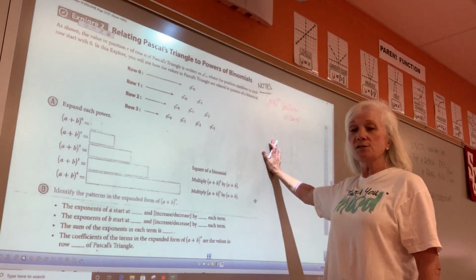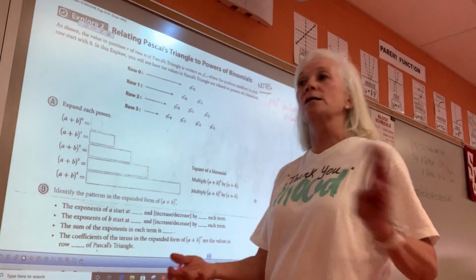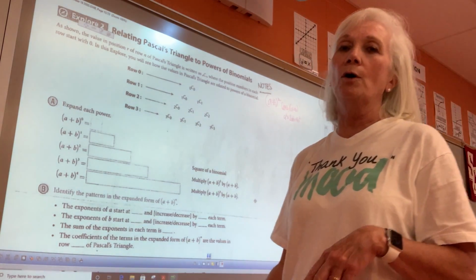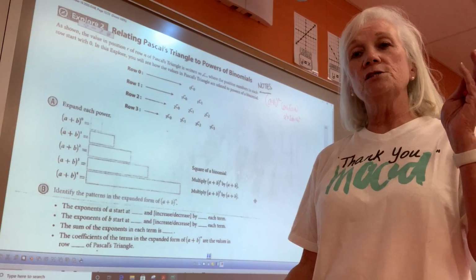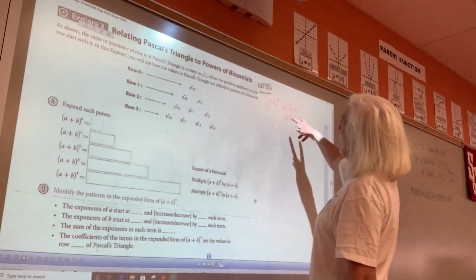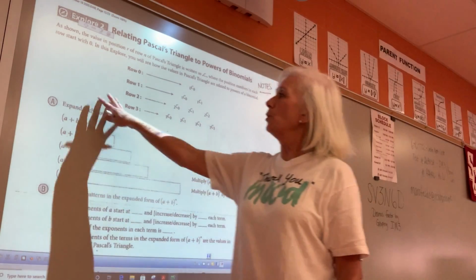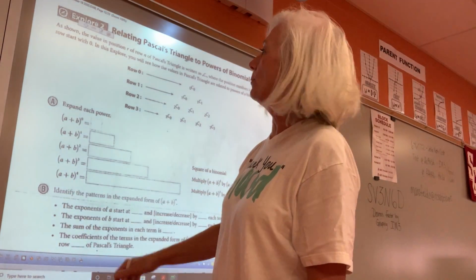We could also do that with a plus b cubed, or x plus y to the 4th, or 2x plus 4y to the 5th. You can just always FOIL 2 of those together. And this is wanting us to expand these powers.